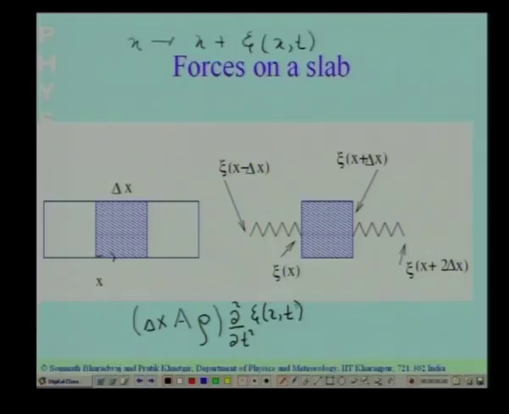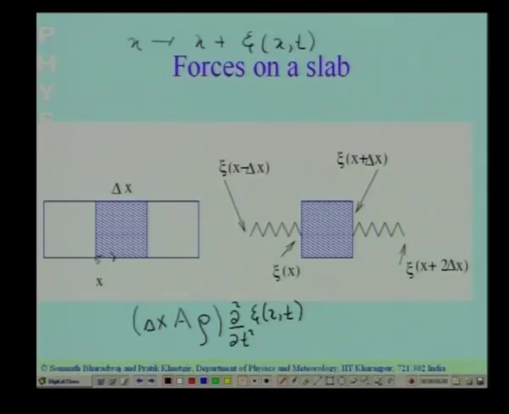So, this is the mass. If we focus our attention on this particular element of that elastic medium, the mass of this element is delta x A rho, and the acceleration is del squared xi by del t squared, the second partial derivative with respect to time of the displacement xi. The mass into the acceleration should be equal to the sum of the total forces acting on this element. So, let me write it down and preserve it for later use.